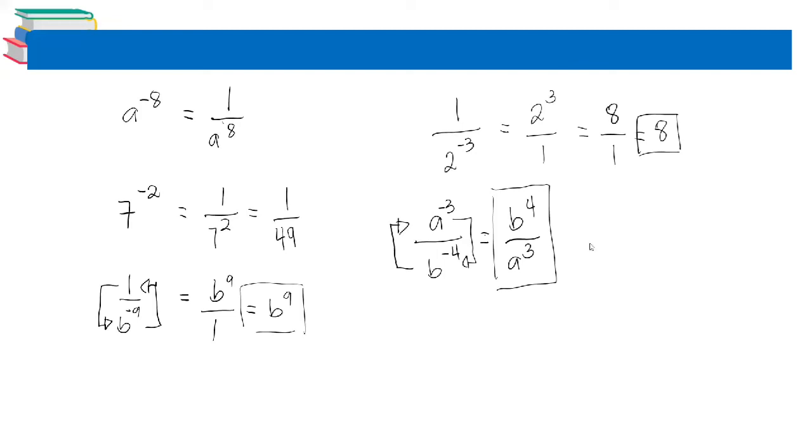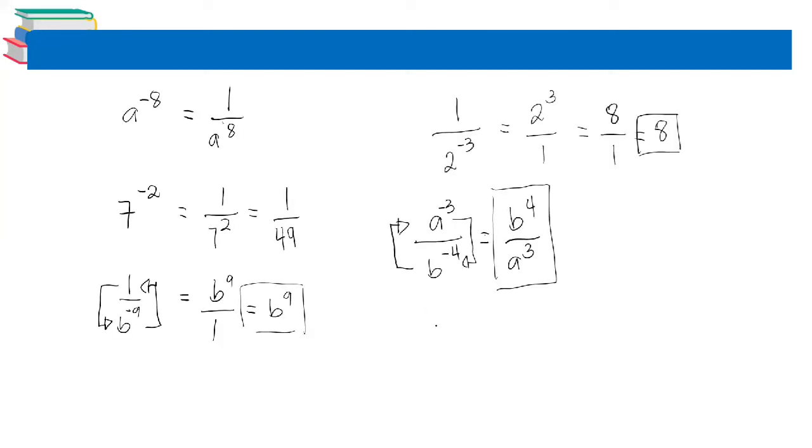How about if our given is integers? Let's have an example: 2 to the negative 3 power over 4 to the negative 2 power. First, we need to make our exponents positive.